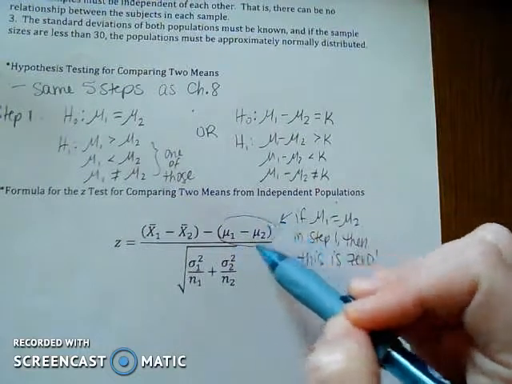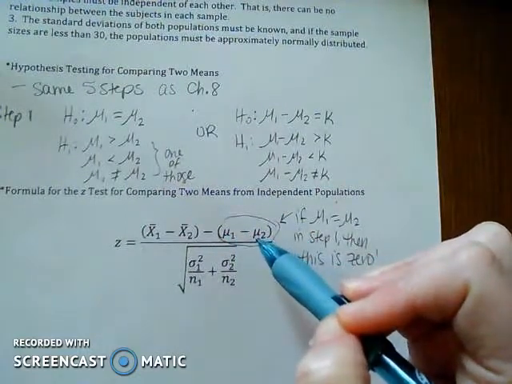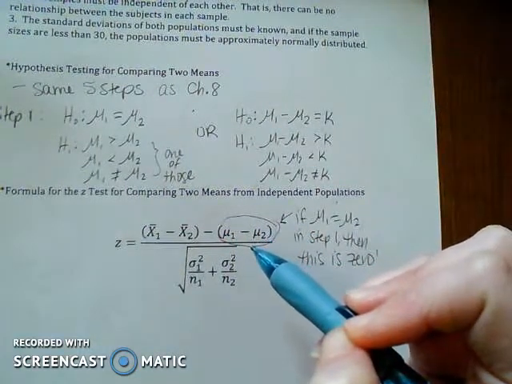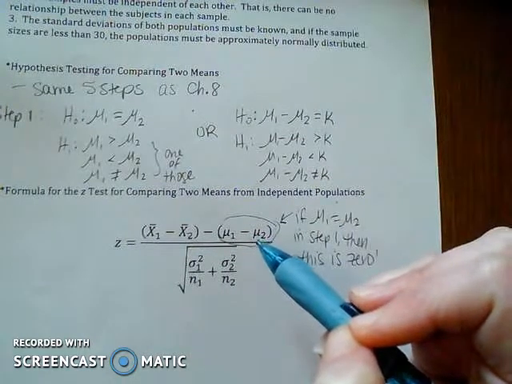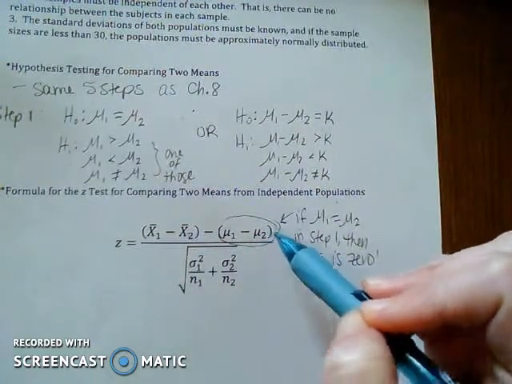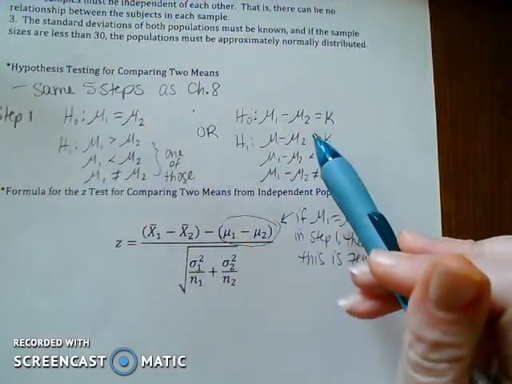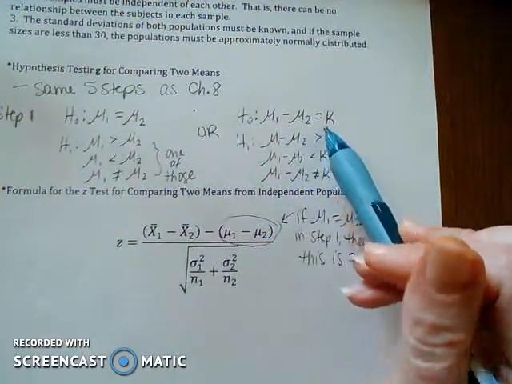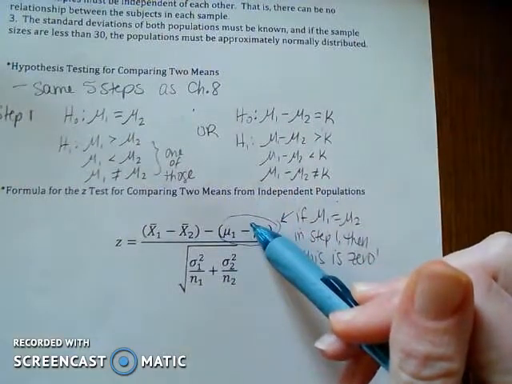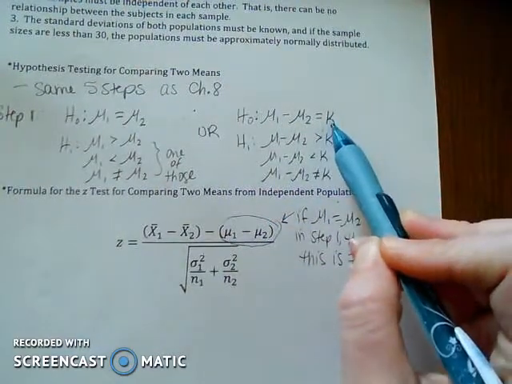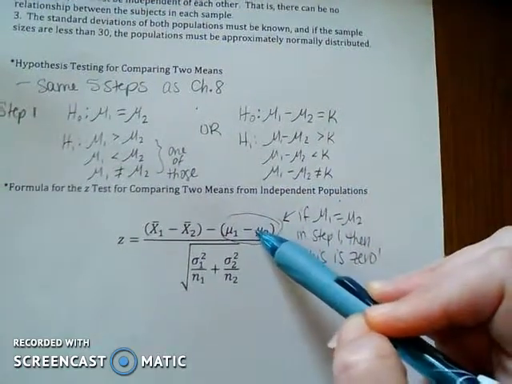So a lot of people think you need to put the population means in here, and you do not. They shouldn't even give you those because you don't use them. All right, so you'll see as we go along, but for every single problem except for one of them in your homework where you have to do this, this number is going to be 0. Okay, for that one problem, whatever k value you have here is going to have to go in here.